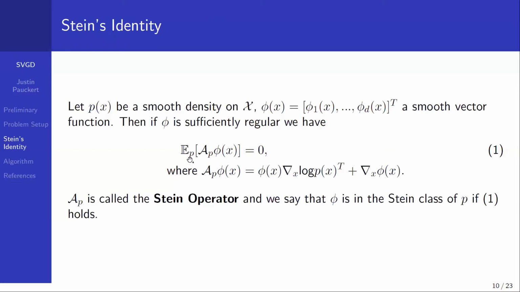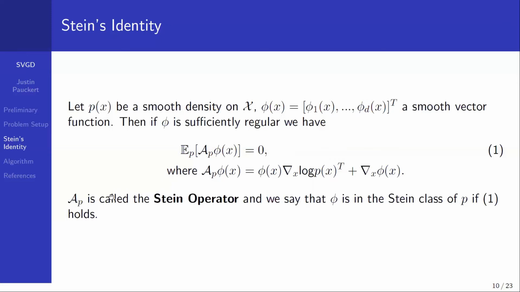Again, this is the notation that you saw earlier. So this is the expected value with x drawn with respect to p. And you can see the expected value under this transformation is going to be 0. Now, what does this transformation look like?